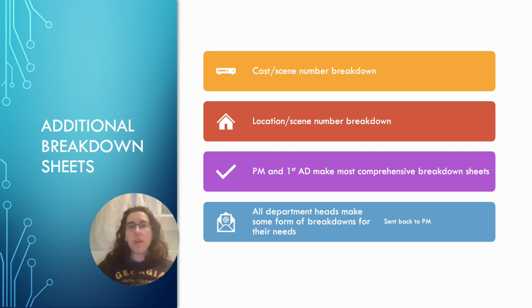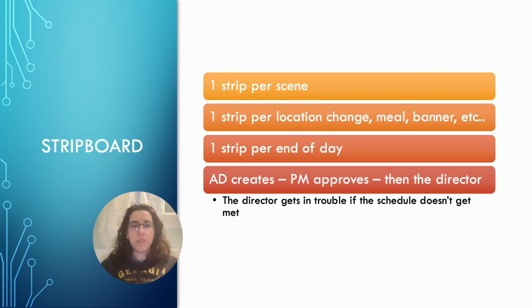Okay, we need to make sure we have access to ovens, and there's got to be time for the production design team to go cook a meal or have it delivered in. Those are concerns that might get overlooked by just the PM or AD breakdown sheets. So that's why everyone submits their sheets so that you can double check this stuff. It feels like a lot of redundancy in circles, but it's how you make sure when you actually get to shoot, you have the resources you need and the time to do it.